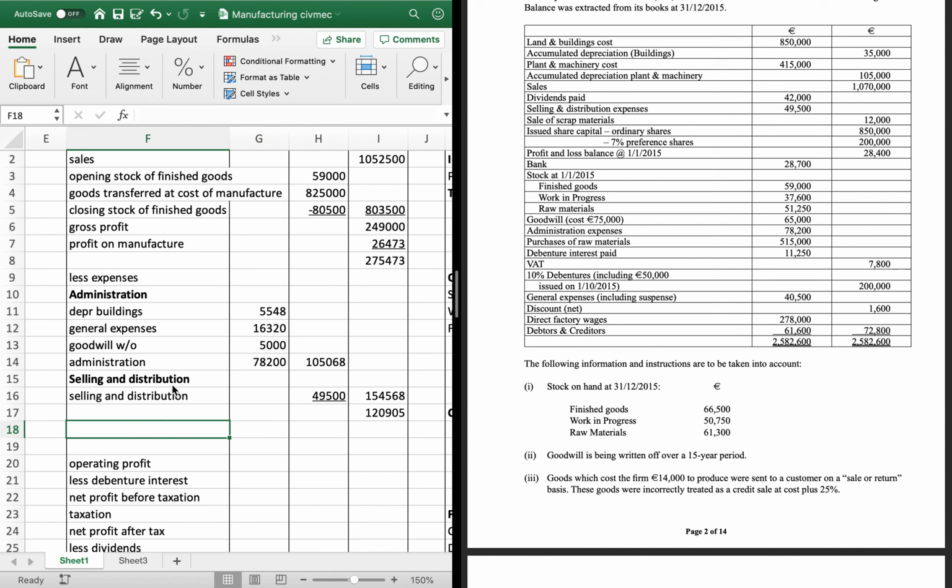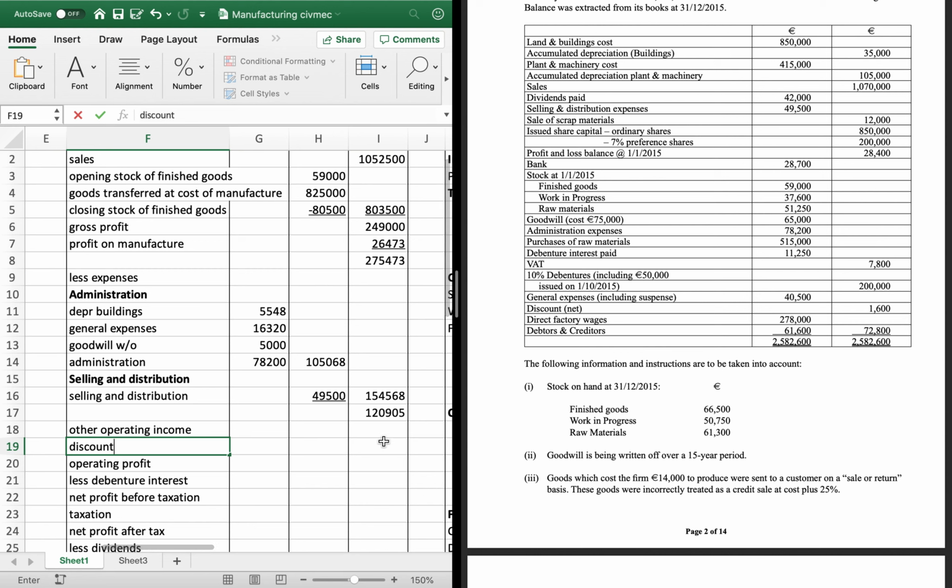Now, from there, have you got other operating income? Well, you do, because we know there's a discount. So the discount allowed, which we changed. No, have we changed it? No, we didn't. The discount is 1,600. That's why I know it's other operating income. It's on the credit side.